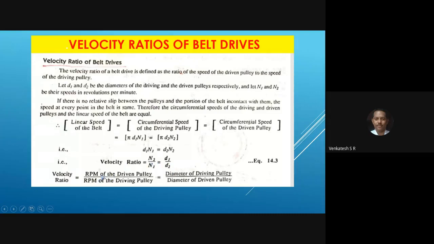It is the long form: RPM of the driven pulley divided by RPM of the driving pulley equal to diameter of driving pulley divided by diameter of driven pulley.